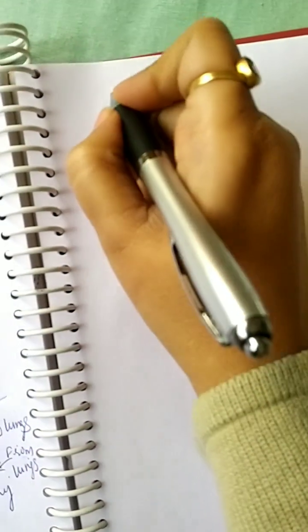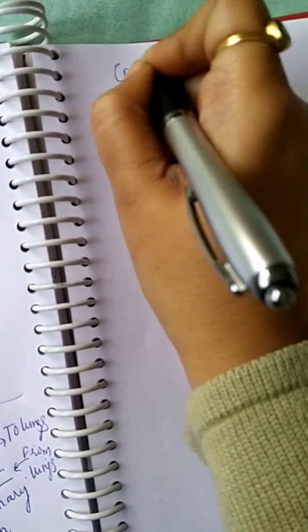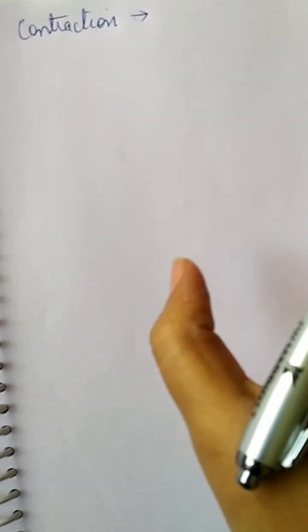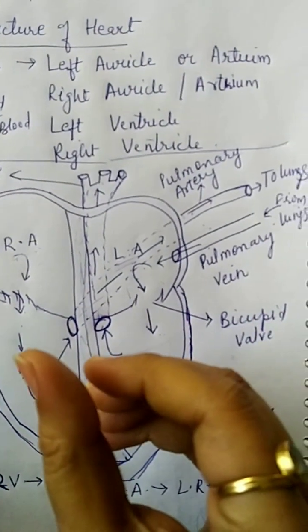Now, the contraction of the heart. In scientific terms, contraction of the heart is called systole. In this contraction, the ventricle muscles contract, so it is called ventricular systole.